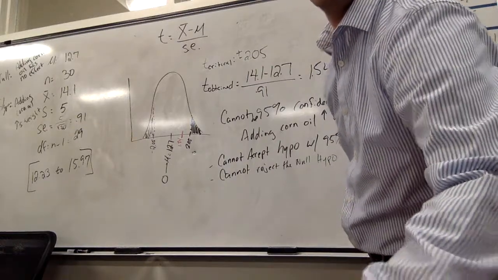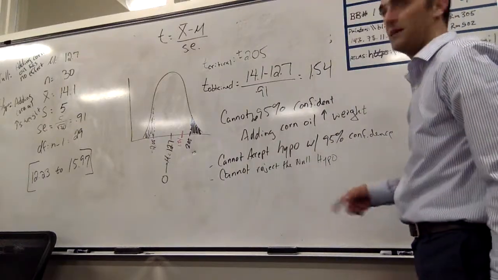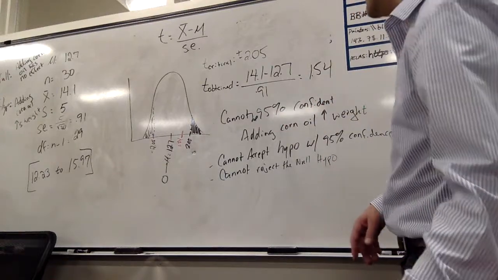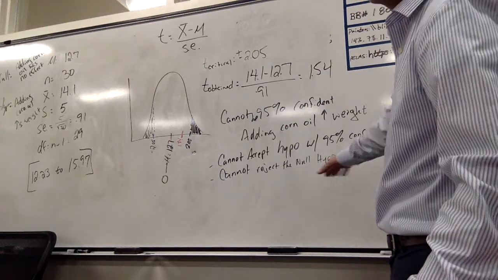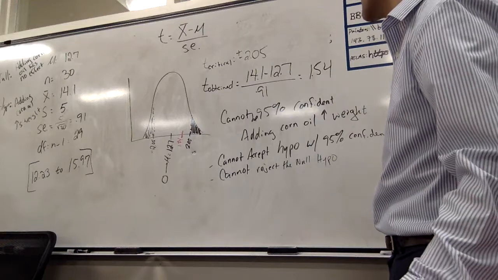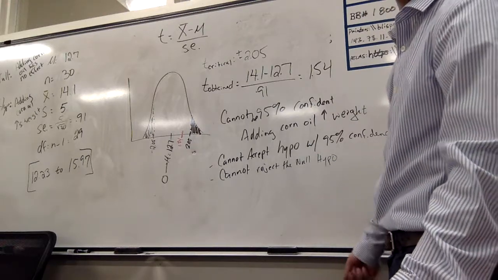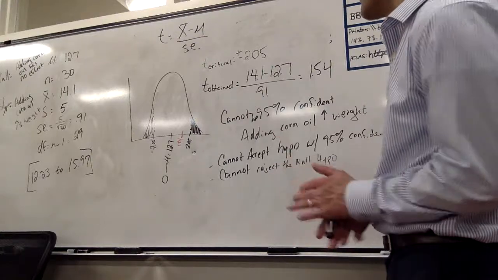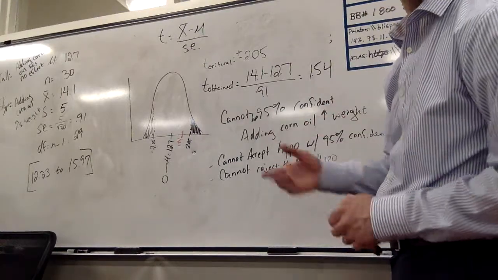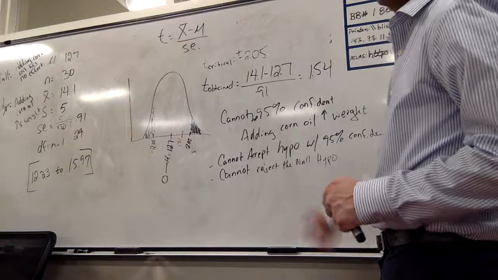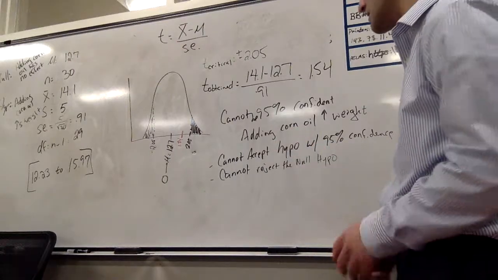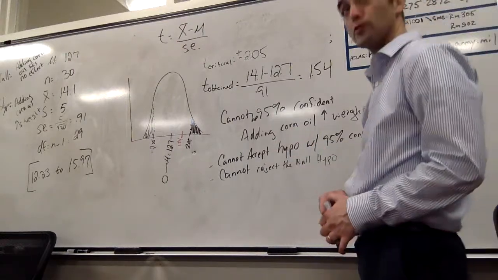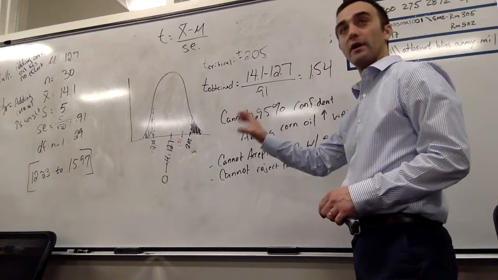You cannot say in either case there's never any proof, because there's still some amount of error. There's still maybe a 5% or less chance that adding corn oil works, but we can never be certain. You're never going to be able to prove something with sample data.